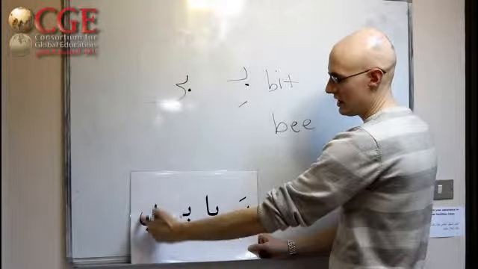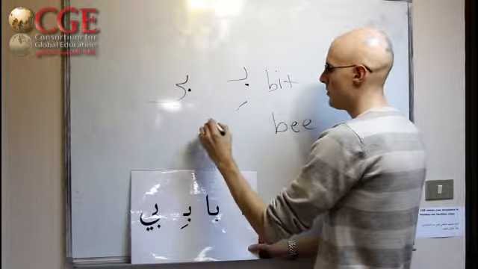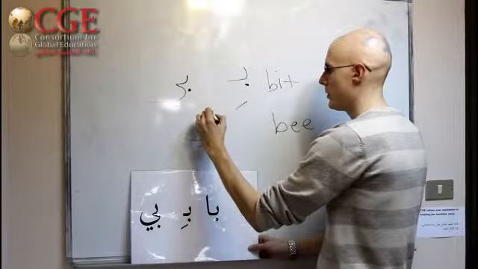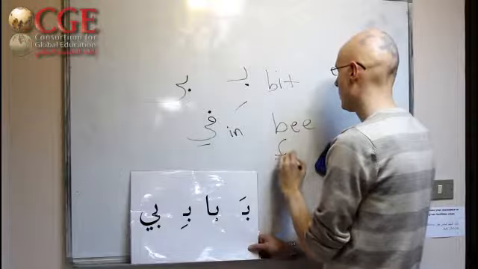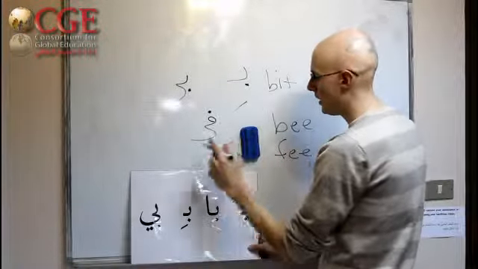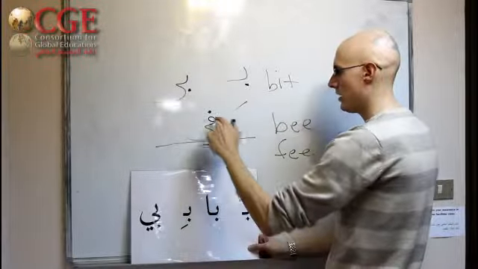Notice how it's written here. Arabic sometimes does that. In fact, one of the most common words in Arabic is the preposition in, which is pronounced fee, like a fee from the government. And this is how they write it, where that's the line.